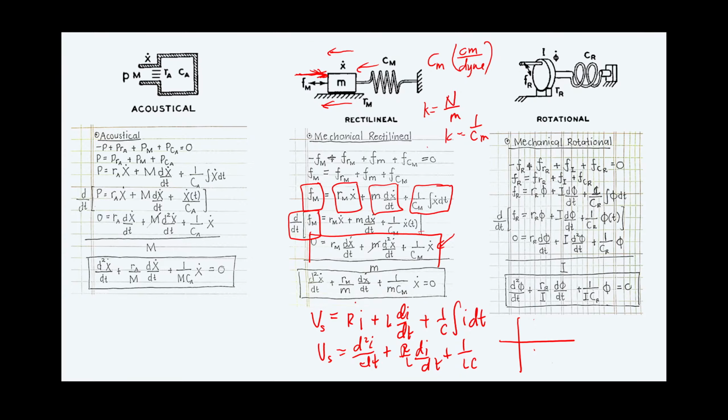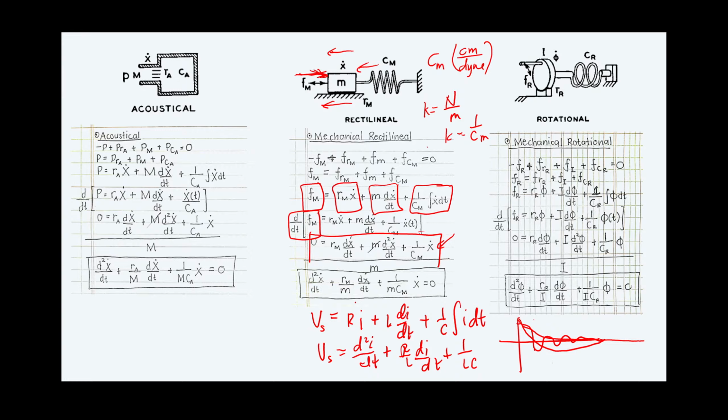The graph of that simply depends on the value of R, L, and C. You can have three types of damping, right? If you remember, you may have undamped, or critically damped, or overdamped.